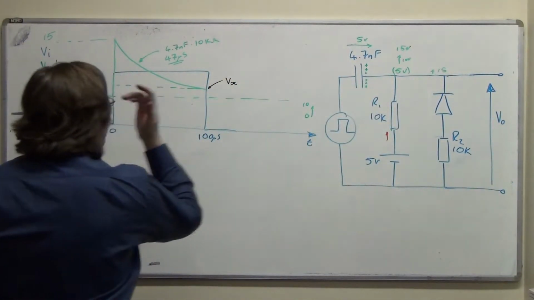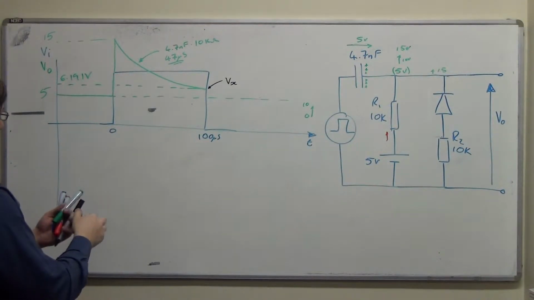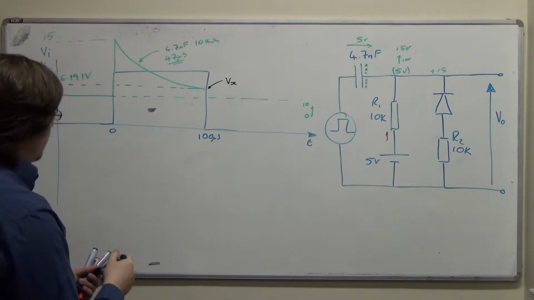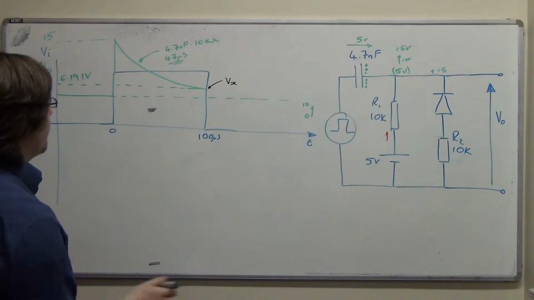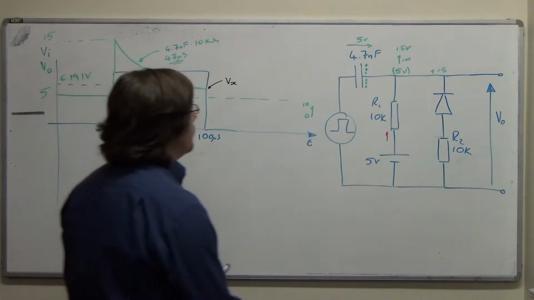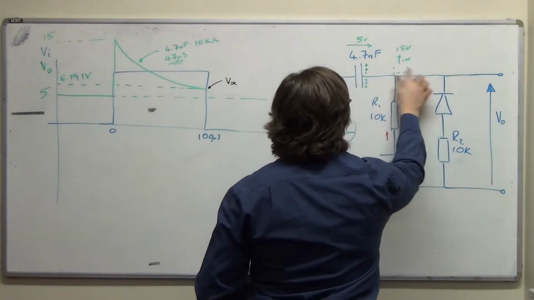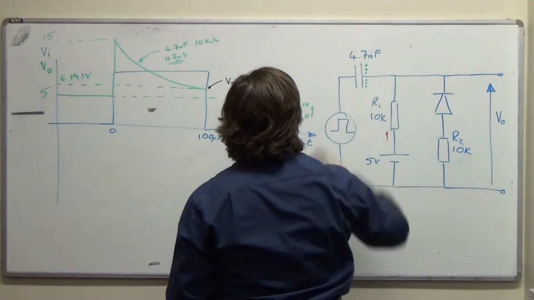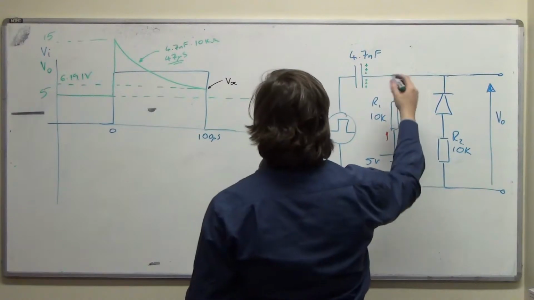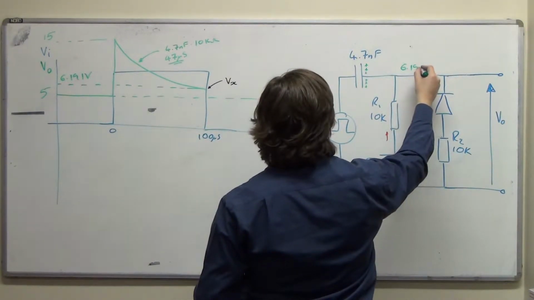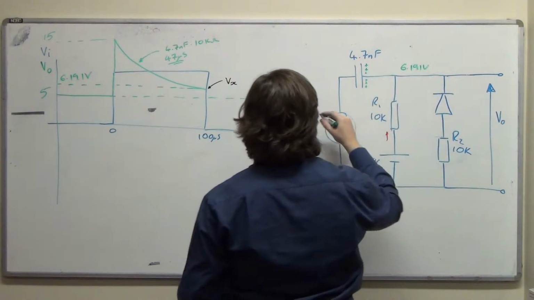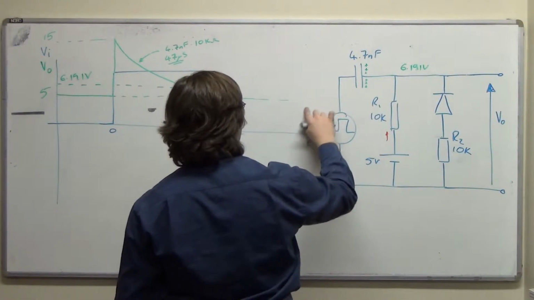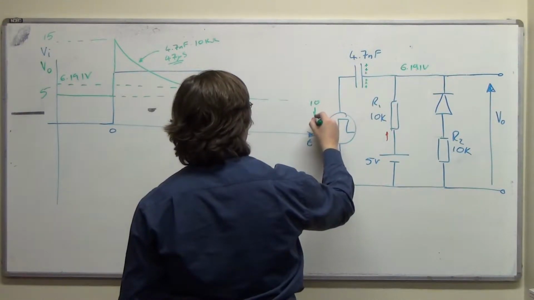So we're at 6.19 volts and the pulse has come to an end, so we can take that away, and that away, and that, and that, and that. And we've managed to keep 6.191 volts up here, and this is now going from 10 down to 0.